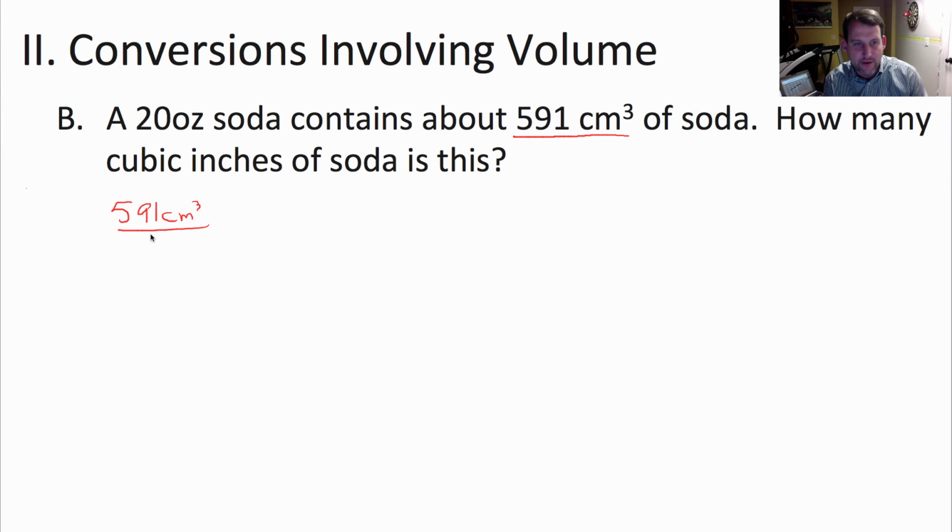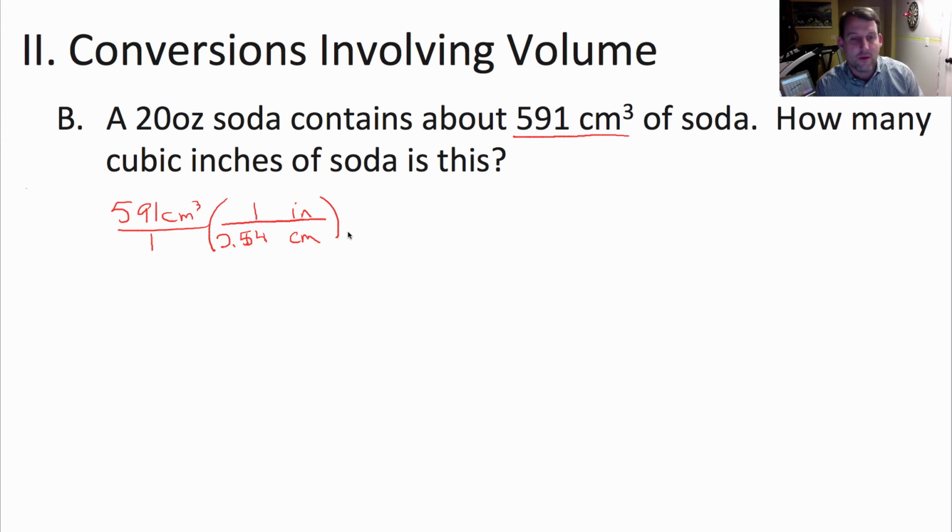591 cubic centimeters over 1. Now to get to inches, I can do that in one step because I have a conversion for centimeters to inches. So on the bottom I'm going to put centimeters because I want centimeters to cancel. And on top I'm going to put inches. And I know from my conversion table that there are 2.54 centimeters in 1 inch.